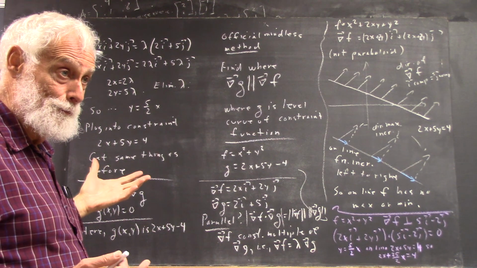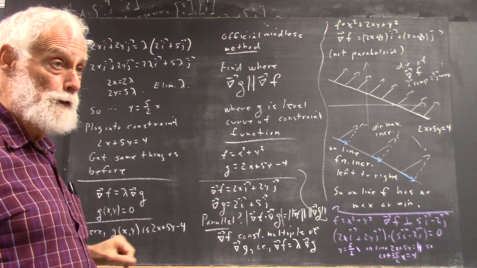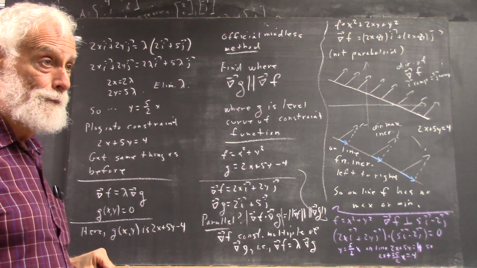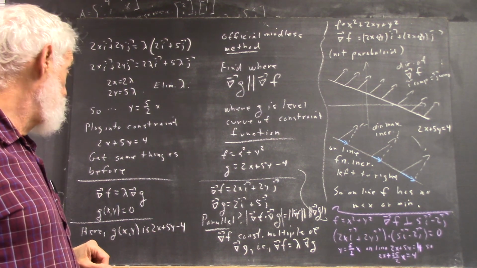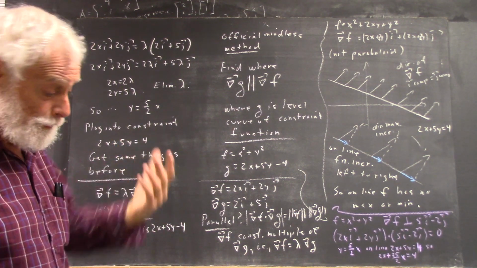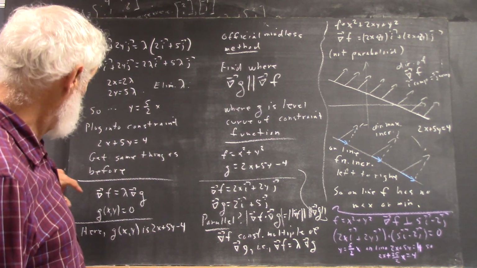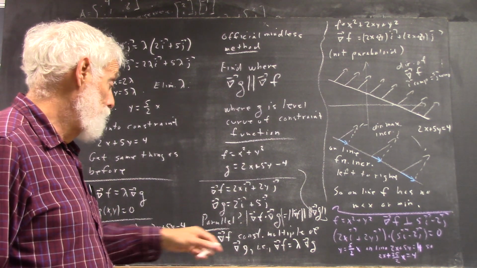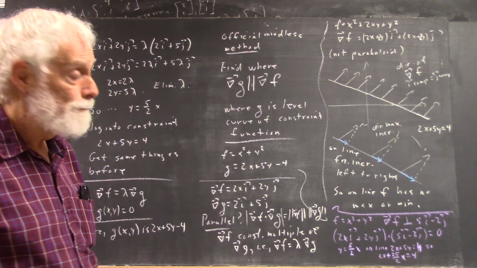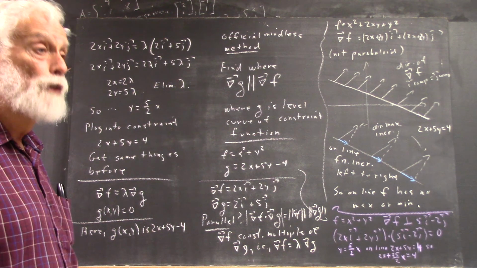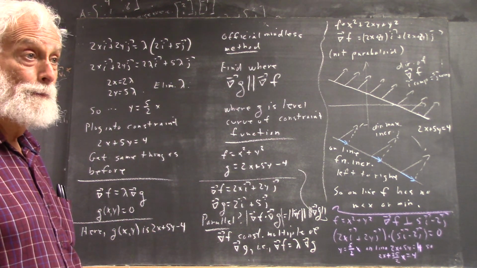Okay? And the gradient of a level curve gives you the direction perpendicular to the level curve, which should be parallel to the gradient of your function, okay? Your function f.